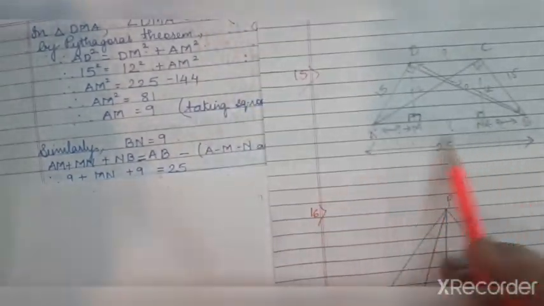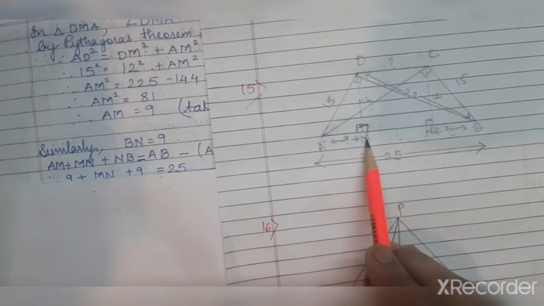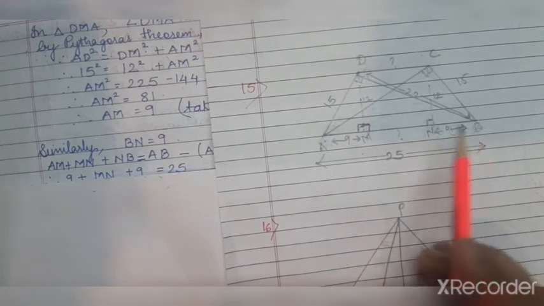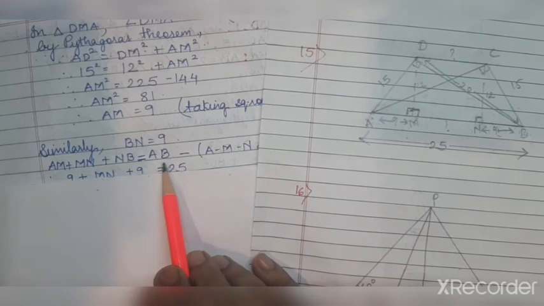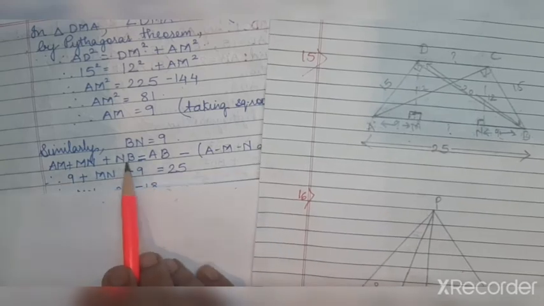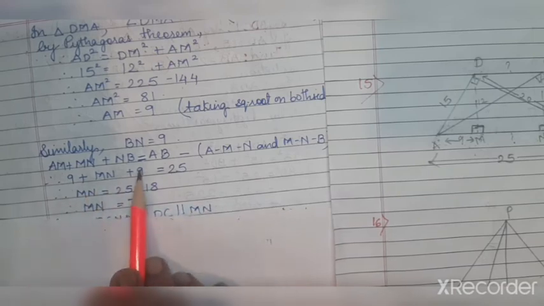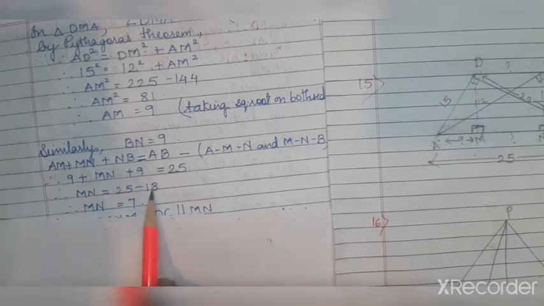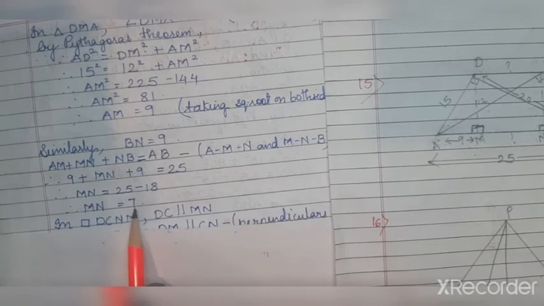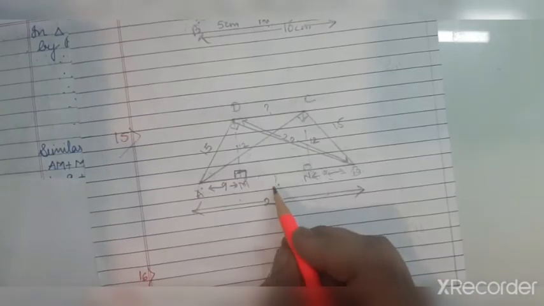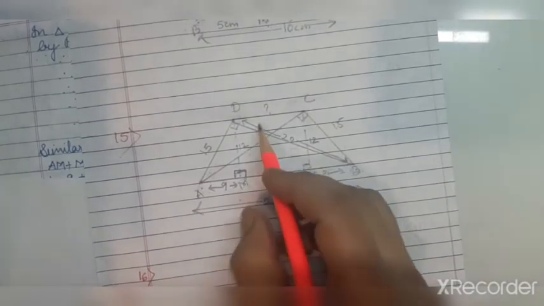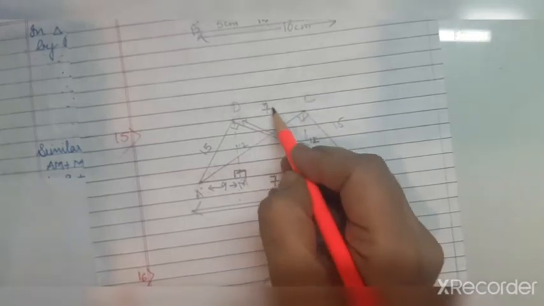What is AB actually? AB actually is AM plus MN plus BN. Out of that we know AB is 25, we know AM is 9, we know BN is 9. So we can find MN. 9 plus 9 is 18. When 18 is shifted there, it becomes 25 minus 18, and then 7. So MN we got 7. If MN is 7, DC is also 7. Why?